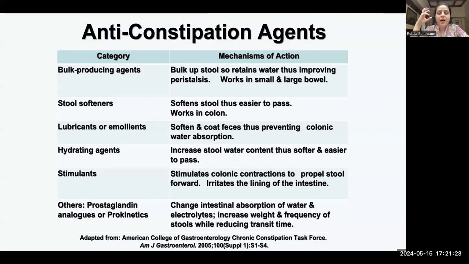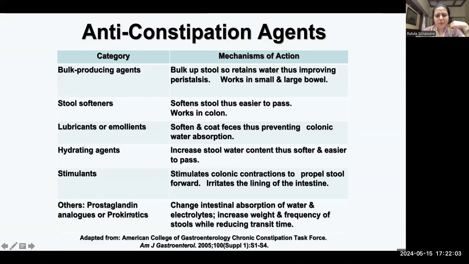So basically, it avoids any pain or fissure formation if it's been too long since he or she has had any bowel movements. Lubricants or emollients, again, they soften the stools and prevent further absorption of water in the fecal matter. And hydrating agents again increase the water content in the stool, so make it bulky and soft. Stimulants increase the peristaltic movements of the intestine.